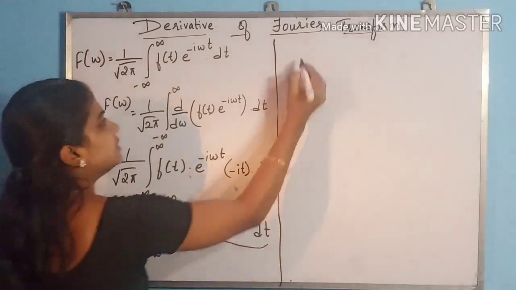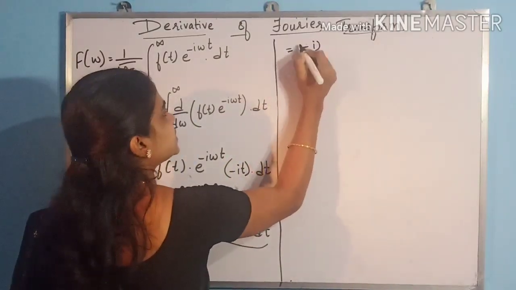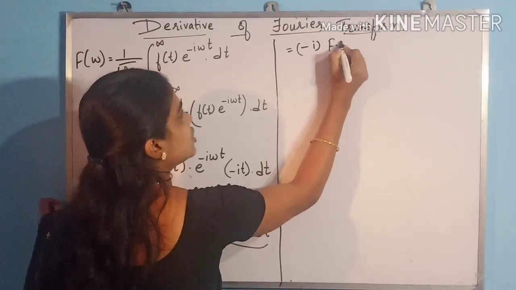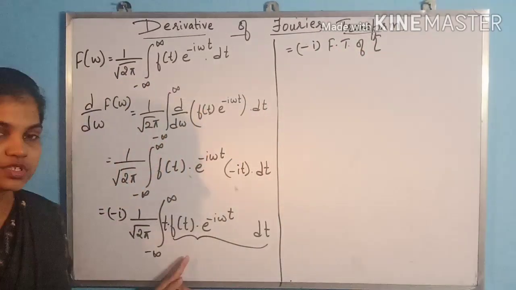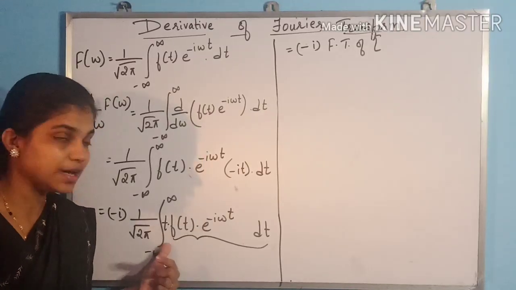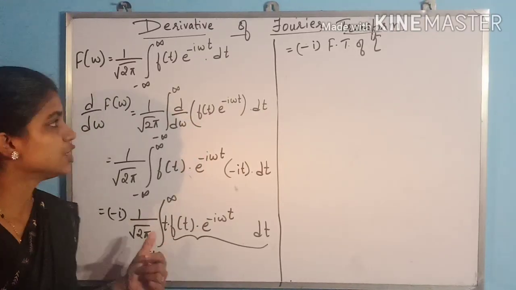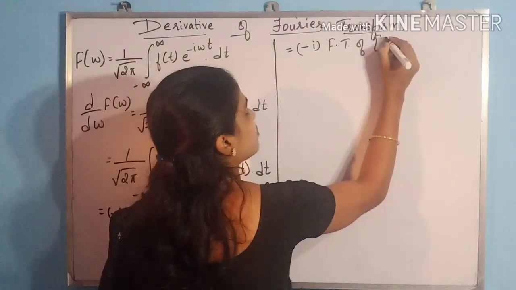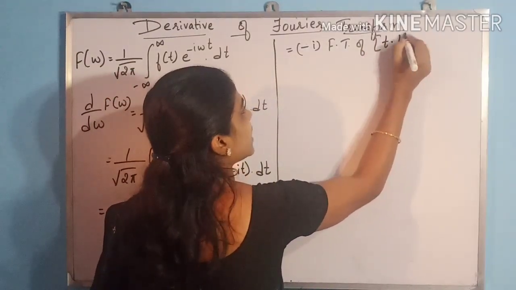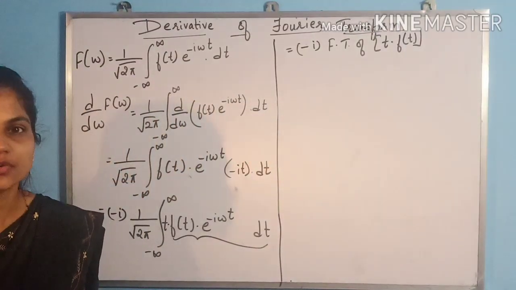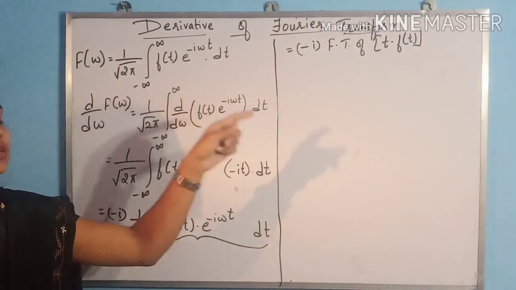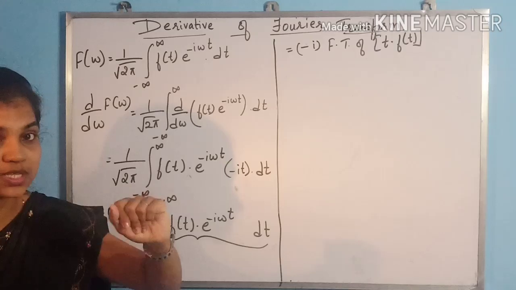So I can write this as minus i into the Fourier transform of f(t), but we have one more term here, that is t. So we have the Fourier transform of t into f(t), right?